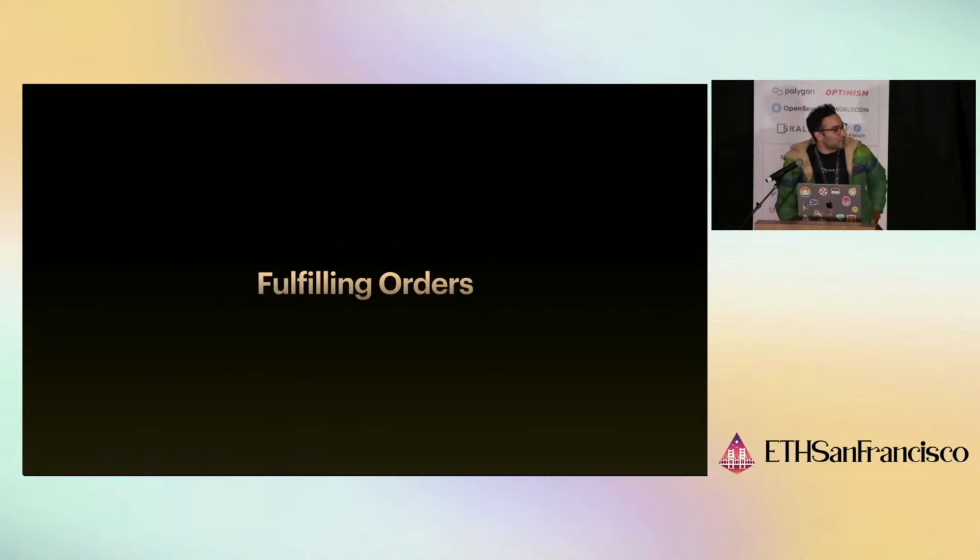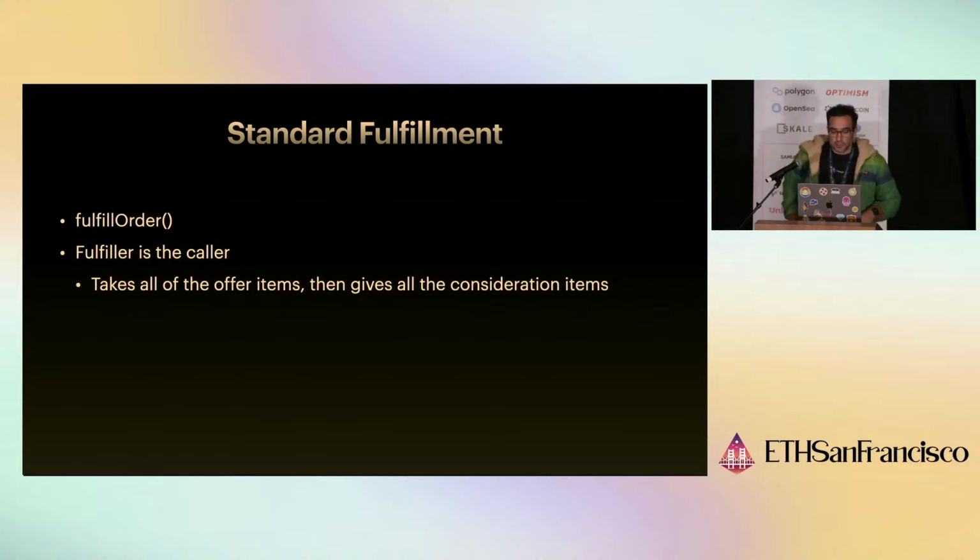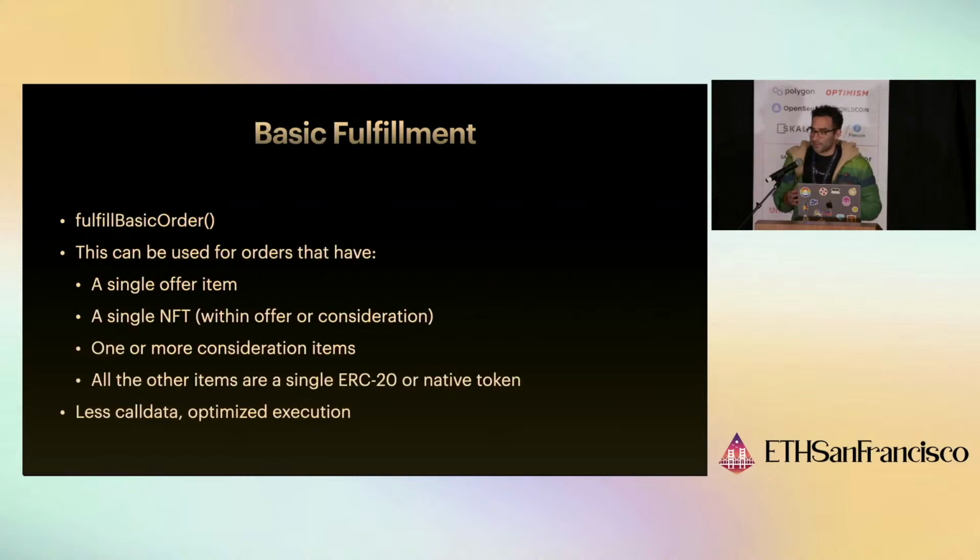All right, fulfilling orders. The basic way to fulfill an order is fulfillOrder. The fulfiller is the caller, and it takes all the offer items and matches them with consideration items. This is a very standard way to fulfill an order. The other type of fulfillment is fulfillBasicOrder.